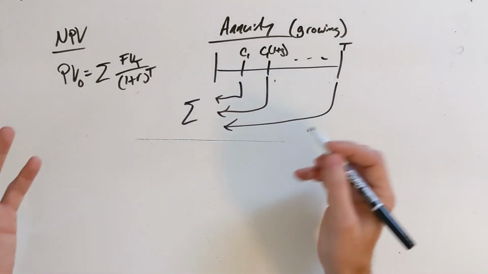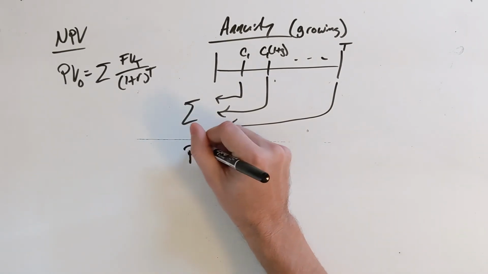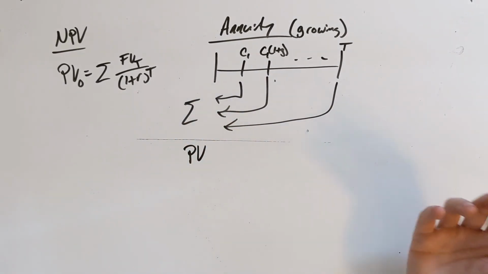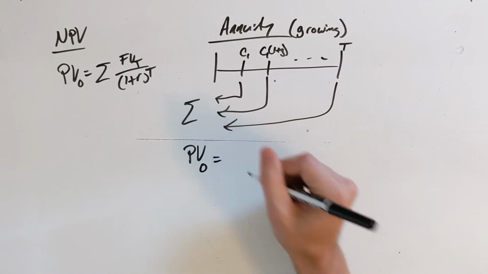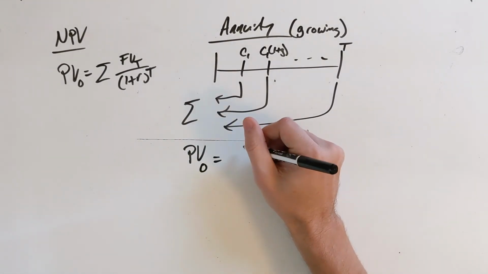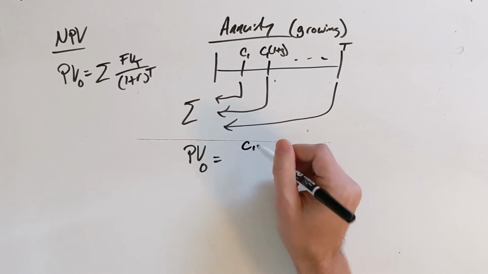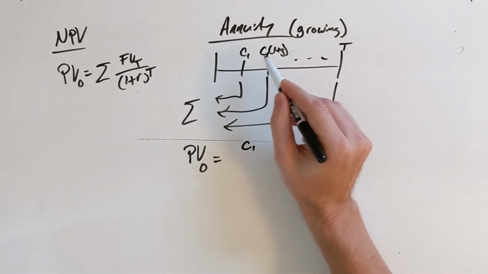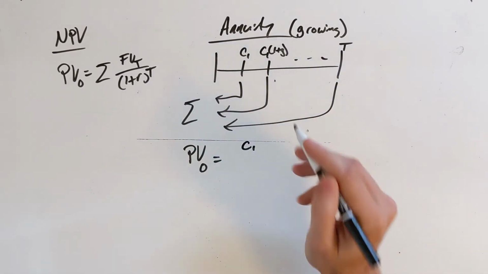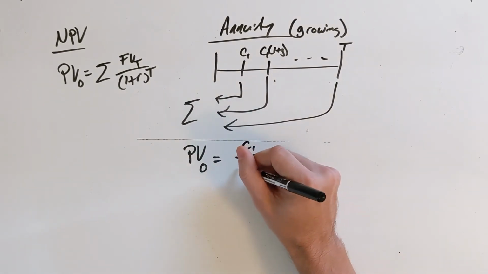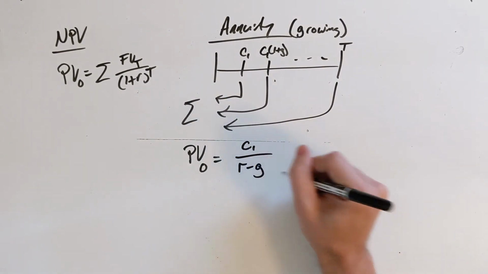So I'm just going to jump straight to the present value formula for a growing annuity. Here it's going to be cash flow 1, and it is important that you get the right cash flow, because now each cash flow is not the same. But you would multiply that times 1 over R minus G, okay?